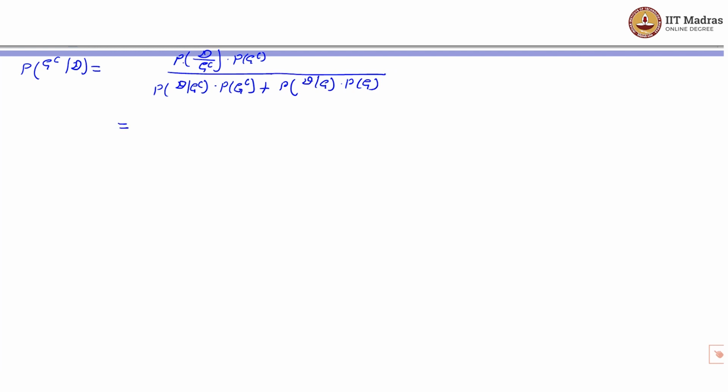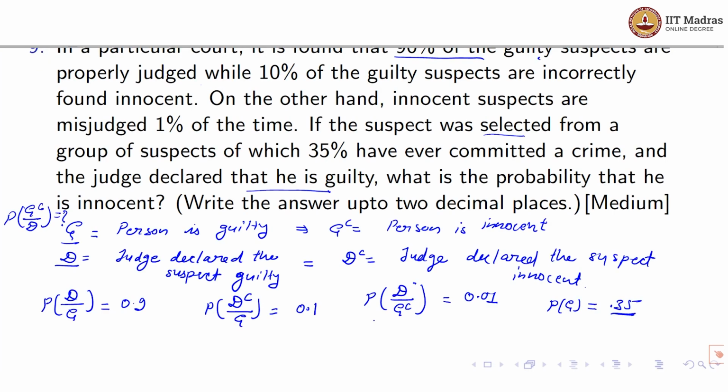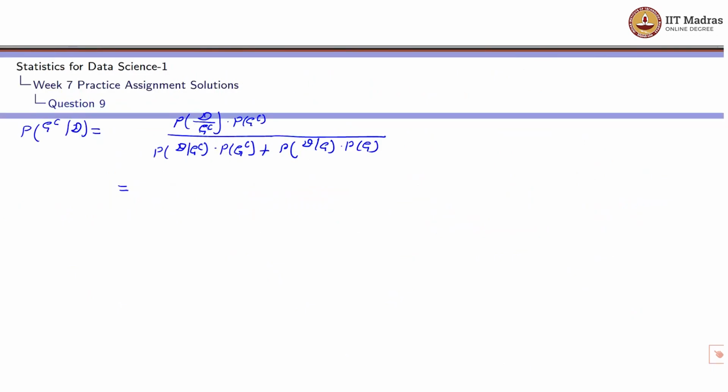P D given G complement is 0.01, and P of G complement will be 1 minus P of G, that will be my 0.65.